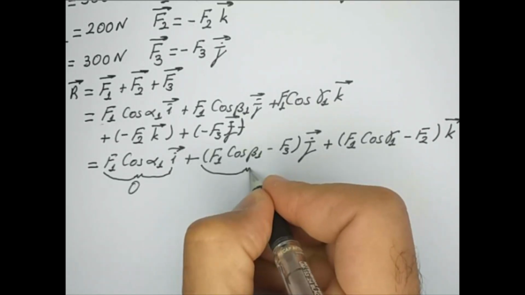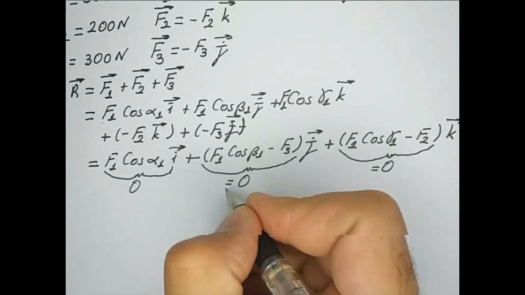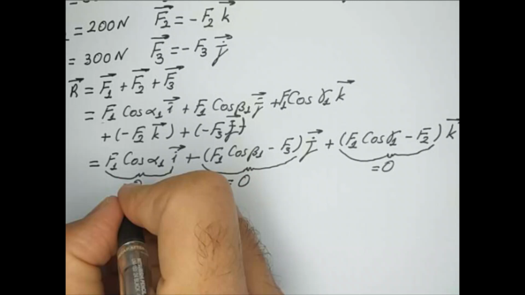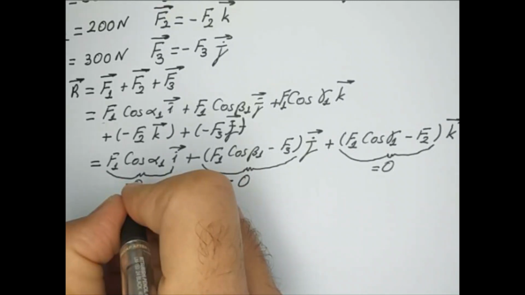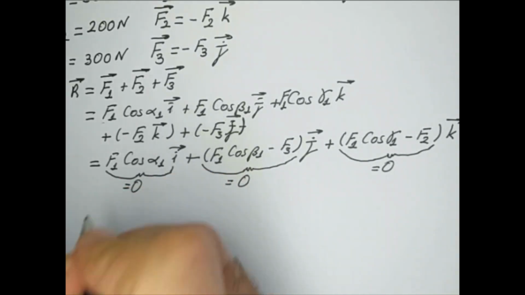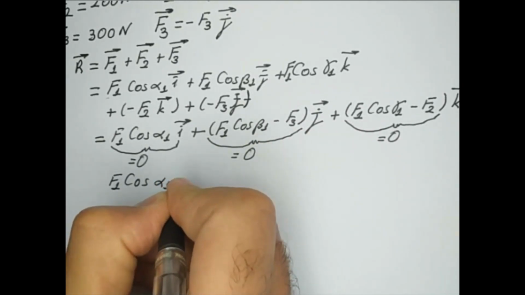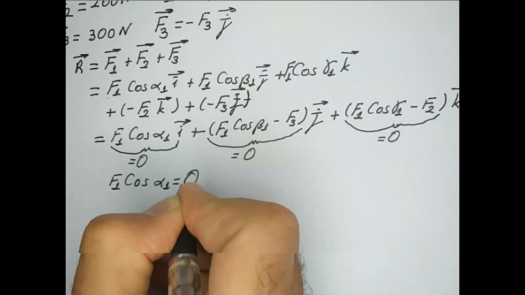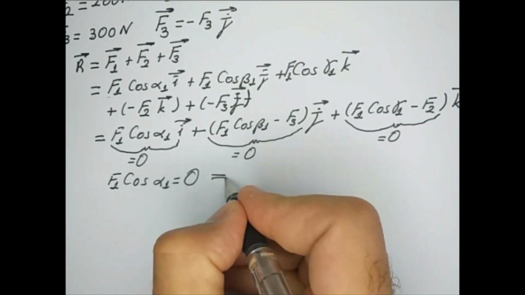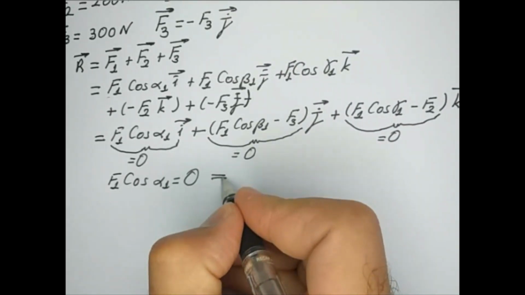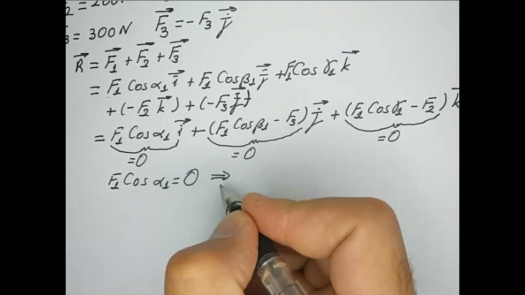Now, in order for this expression to be 0, cosine alpha 1 has to be 0. This means that alpha 1 is equal to pi divided by 2, or 90 degrees. So this is in radians.